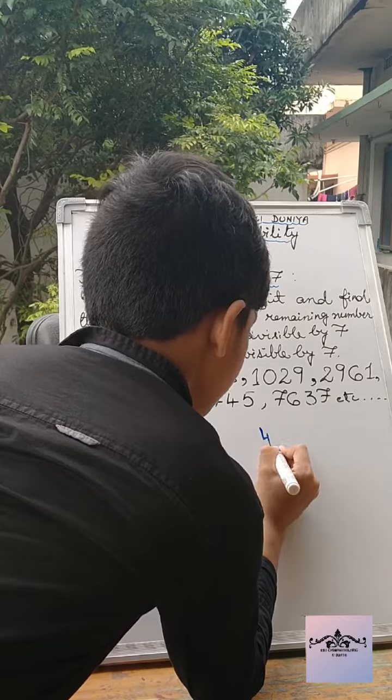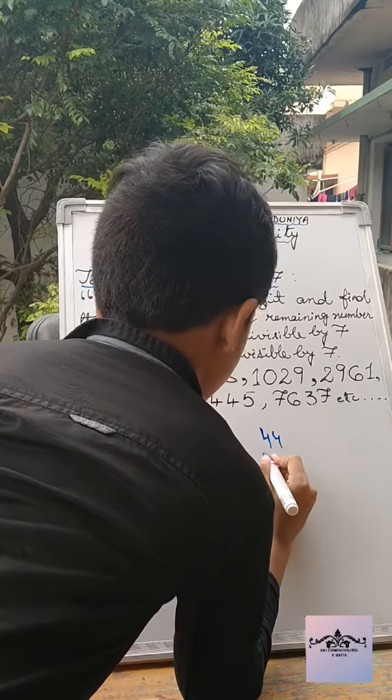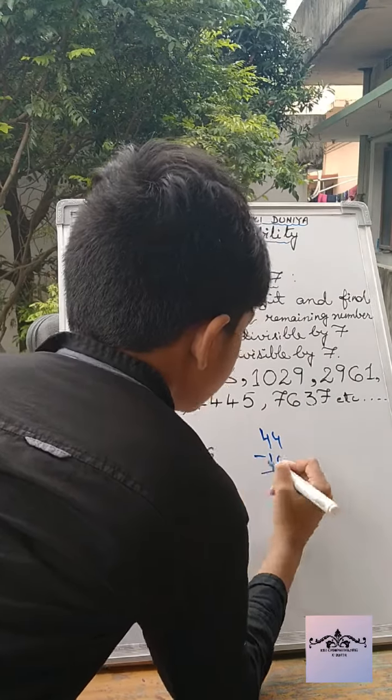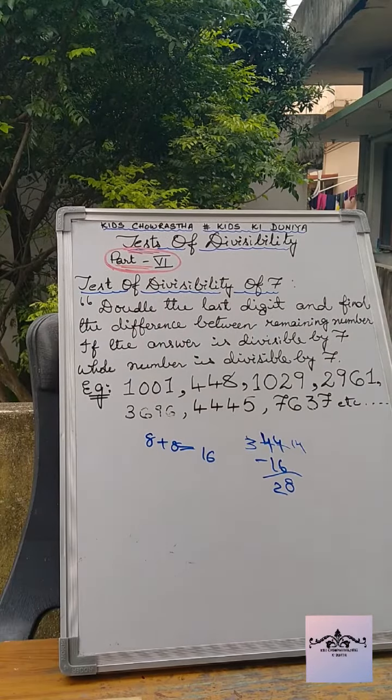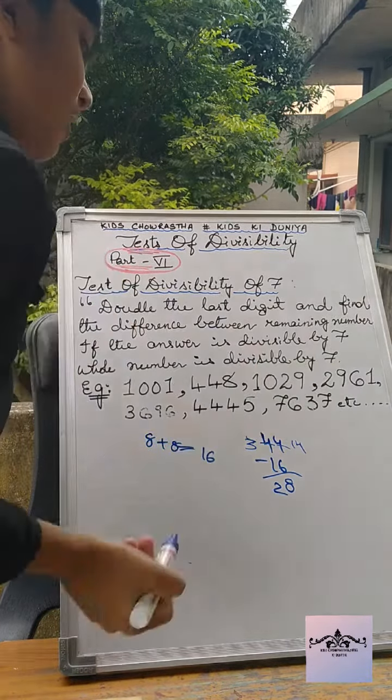It's a 2-digit number, so I am showing you in columns. So here, 3, 14, 8, 2. So 28. We get the remaining number. So if the answer is divisible by 7, we have to see whether 28 is divisible by 7 or not.